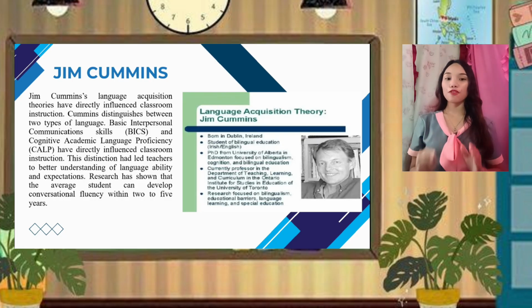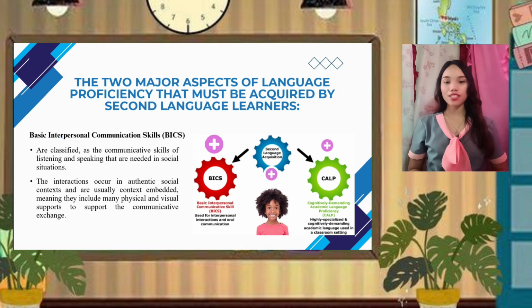So let us define first what is basic interpersonal communication skills. Basic interpersonal communication skills are classified as the communicative skills of listening and speaking that are needed in social situations. The interactions occur in an authentic social context and are usually context embedded.